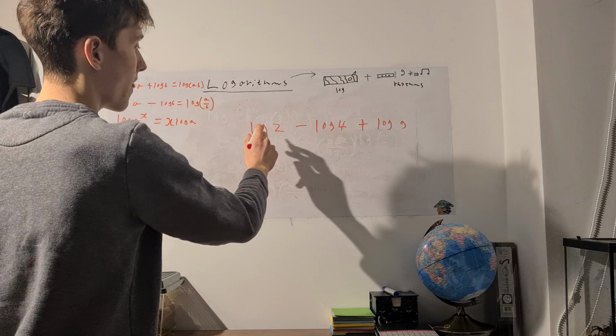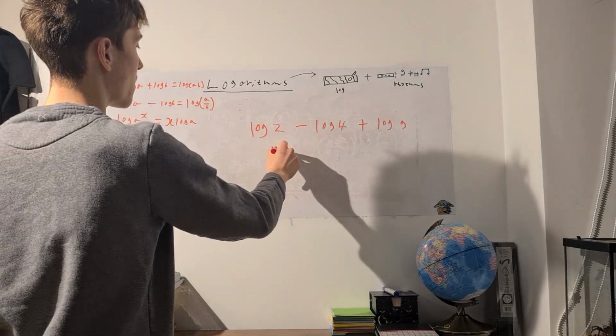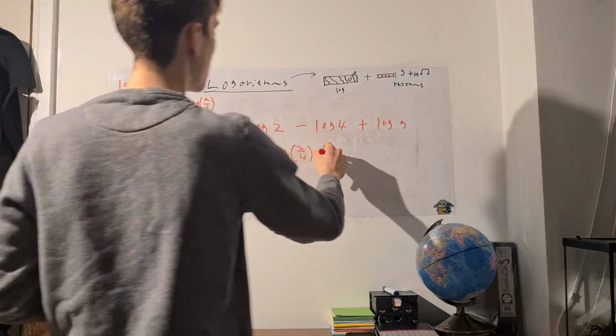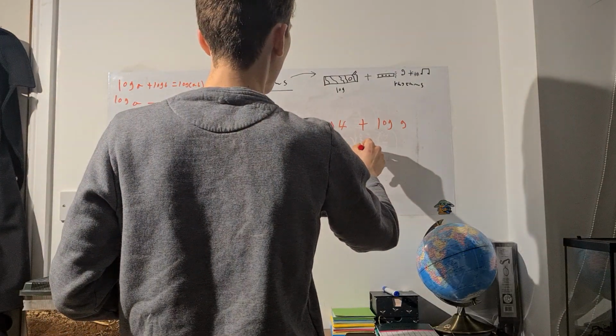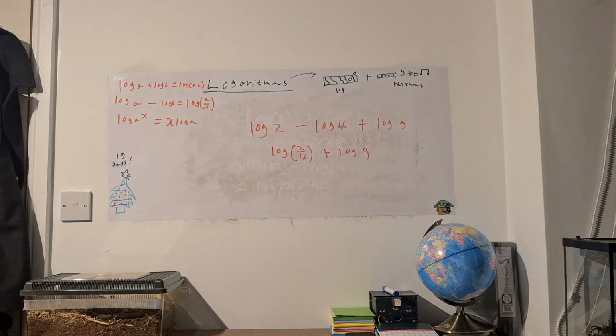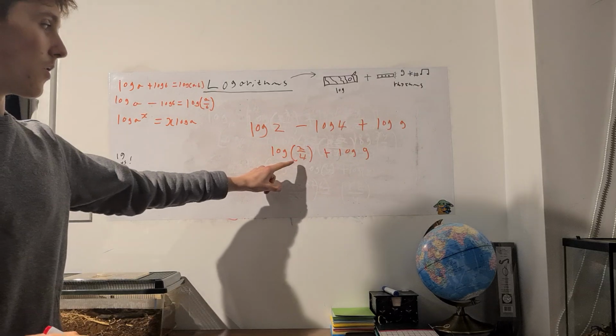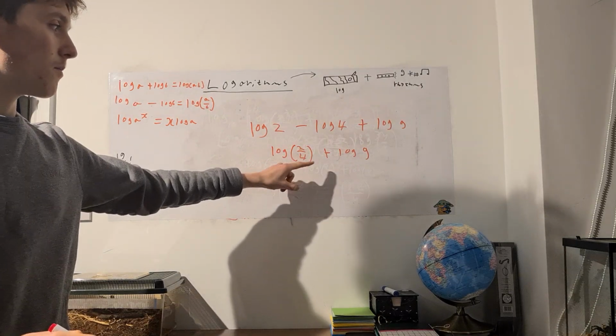So this will simplify down to log 2 over 4 plus log 9. Then that's just a half, so you have log a half plus log 9.